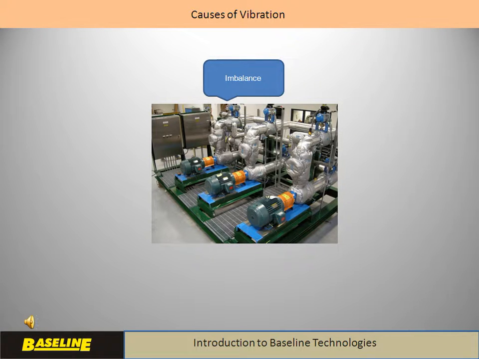There can be several causes for vibration in a machine, and each cause has its own specific frequency. Thus, causes of vibration are identified through the understanding of frequencies present in a machine. Based upon our experience, we find that imbalance is the number one cause for vibrations in rotating machinery.